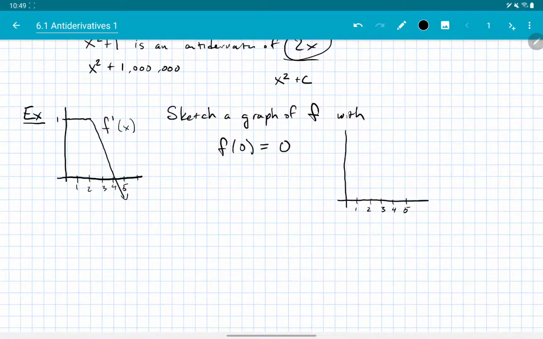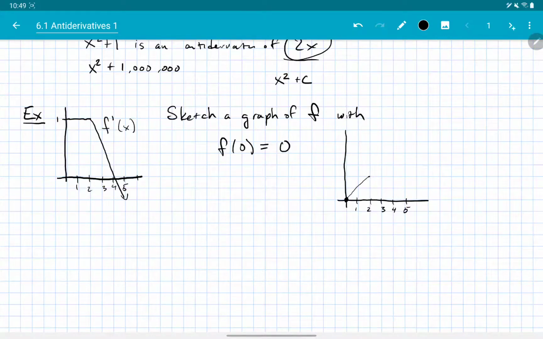On that entire interval, f prime is equal to 1. That means f itself must have a slope of 1 from 0 to 2. Now f of 0 is supposed to be 0, so we must start there, where I just drew the dot. And now I want a line of slope 1 as we go to 2. So that has to be what f looks like.